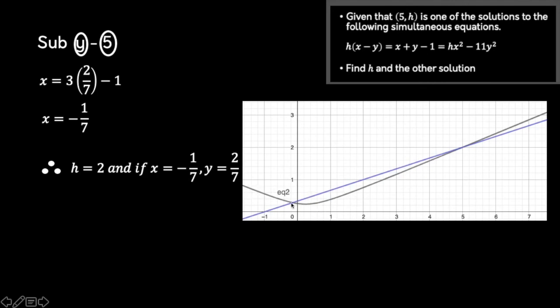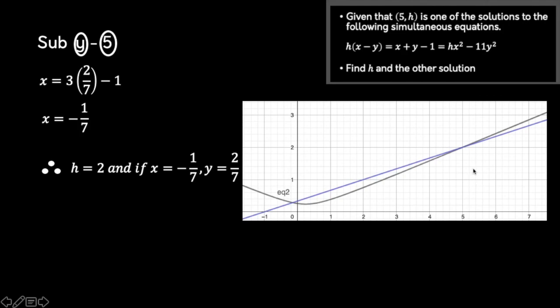You can see these two are the solutions. So x equals negative 1 over 7, this is x negative 1 over 7, y equals 2 over 7 here. And then the other solution is that y equals 2 and x equals 5.